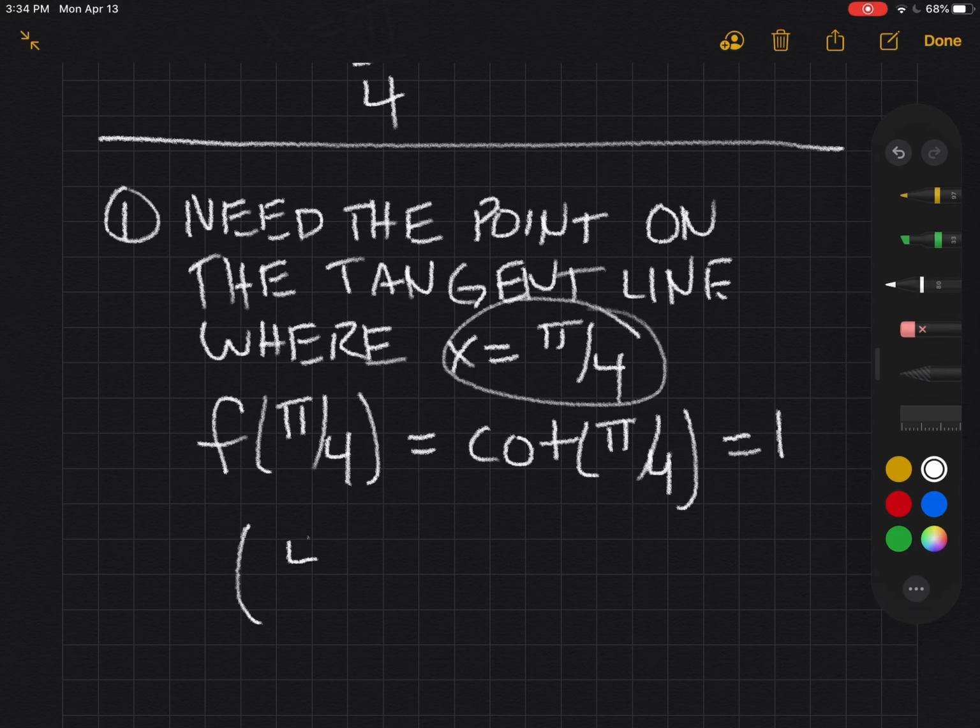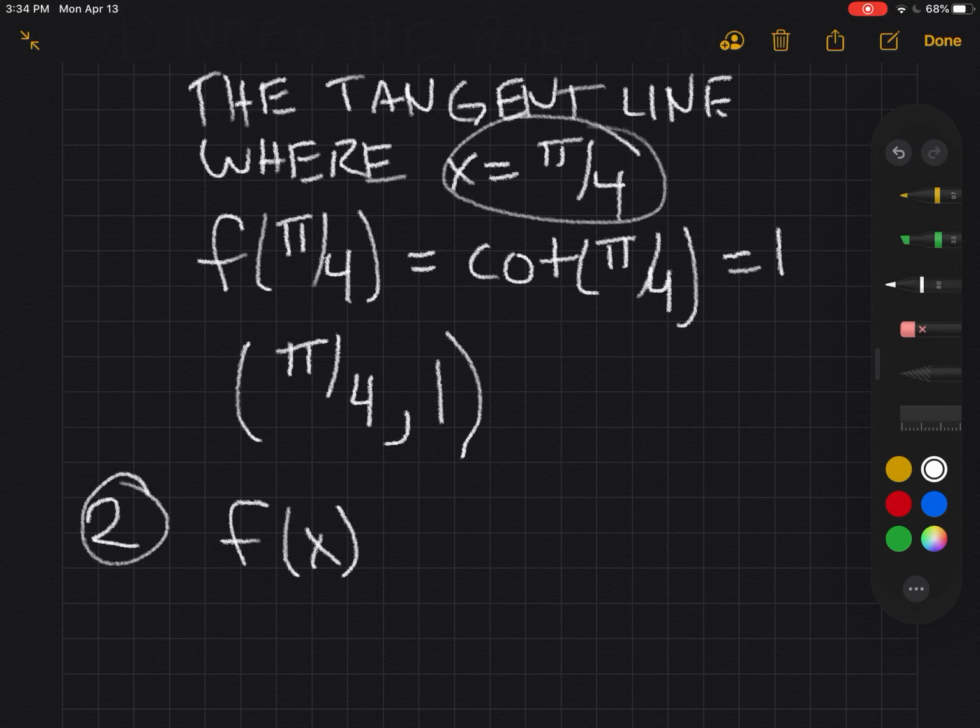So we take f of pi over 4 to get our y coordinate, because we already have our x coordinate. So we plug that in to find y, and we get the cotangent of pi over 4, which is equal to 1. So the point that we're looking at is the point pi over 4, comma 1.